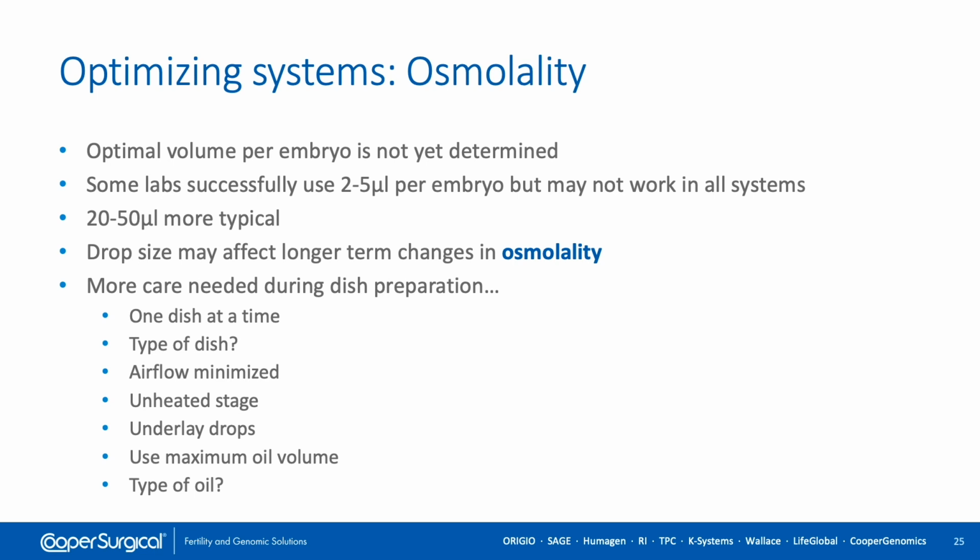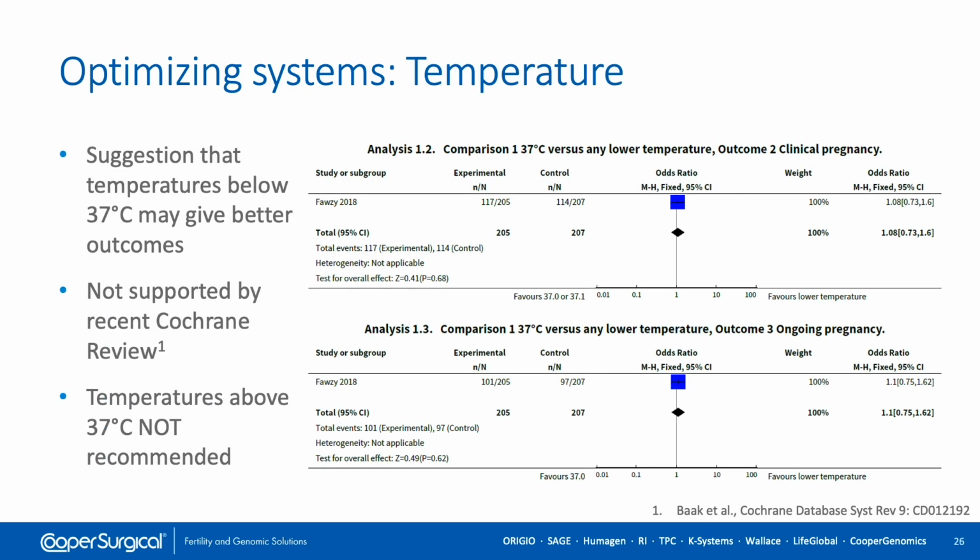Of course, we'll touch briefly on 2 other factors, temperature being one, and oxygen tension the other. The temperature, of course, is as critical as pH and needs to be controlled throughout the IVF procedure. There were some suggestions that temperatures below 37 degrees may give better outcomes, but the Cochrane review referred to on this slide generally indicates that that's not the case.